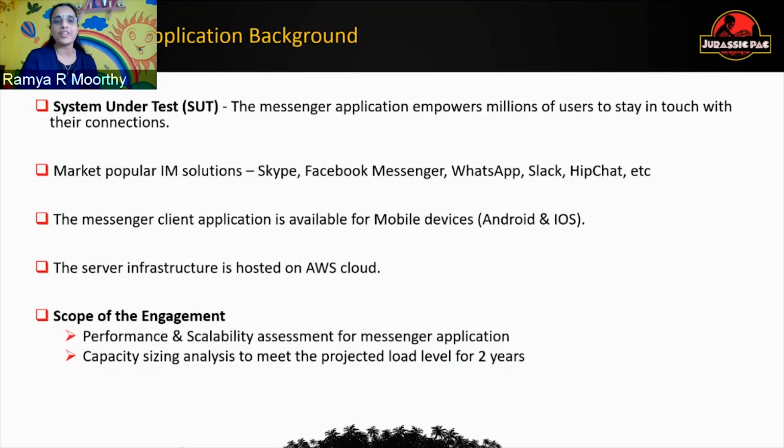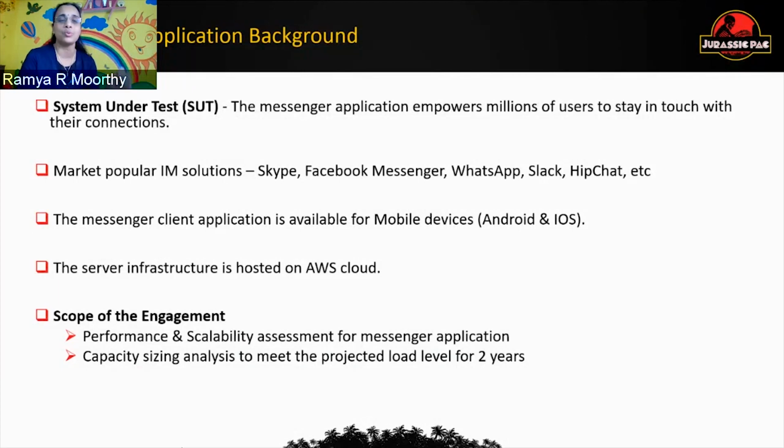The scope of the engagement: we have a messenger application, can we do a performance and exhaustive scalability assessment? The client was very particular: I'm looking at how to assess performance and scalability, and how to price my server components. I have a big infrastructure with multiple servers, and I have projections.